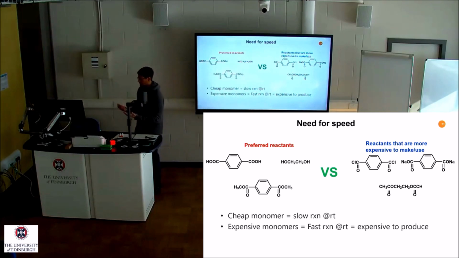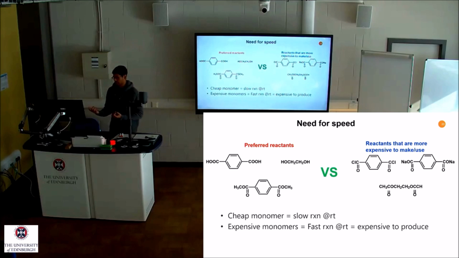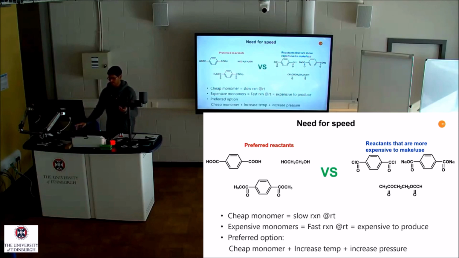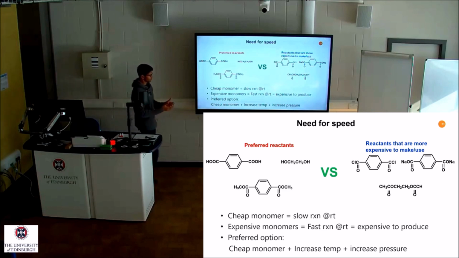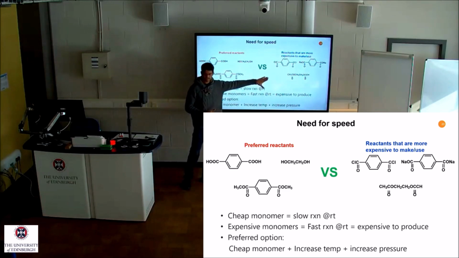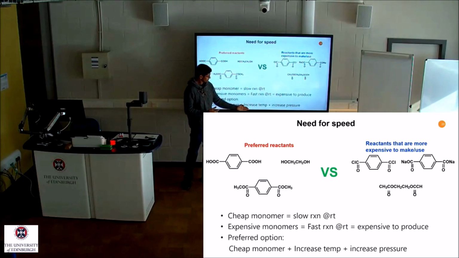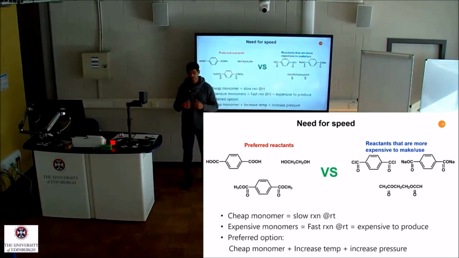Usually in the industry they find that instead of buying the expensive monomer, if they just take the cheaper monomer and increase the temperature or the pressure, it is more profitable overall. It's much cheaper to produce the product. So usually in the industry, they go for the cheaper option. They just increase the pressure and the temperature. Even though it is cheaper than buying the expensive monomer, you still have to increase temperature and pressure, and it also requires energy.